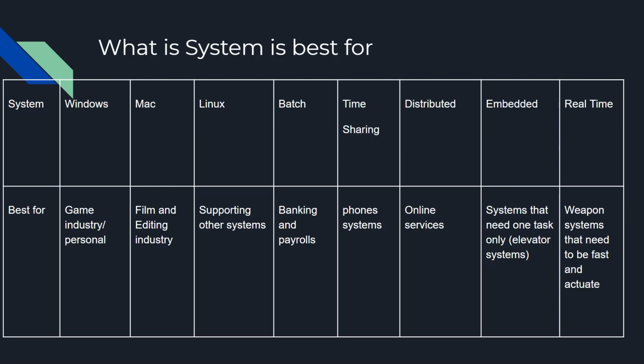Real time is any complex system that has to be done really quickly without delay. One example would be a weapons system: you want it to be fast, accurate, reliable, and that's what a real-time operating system would do.